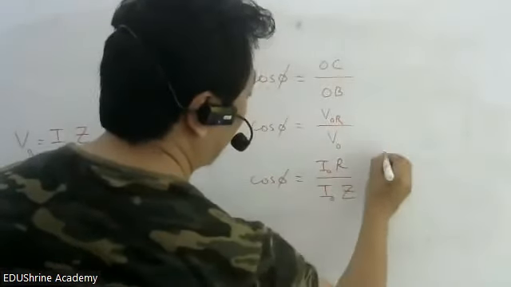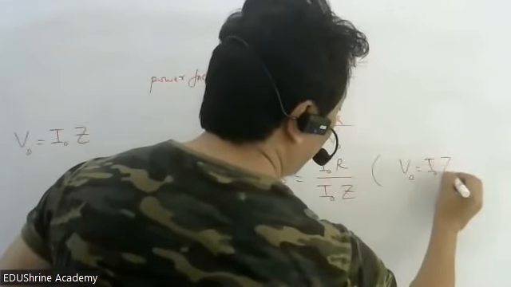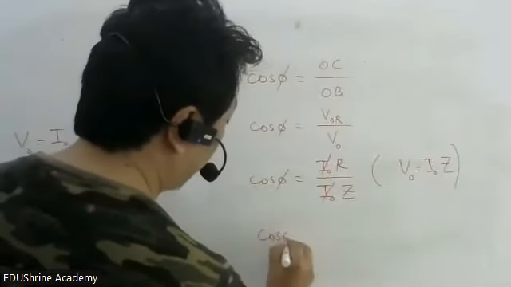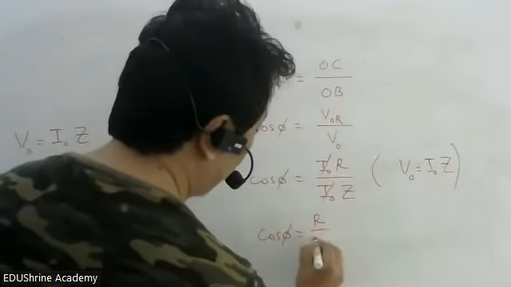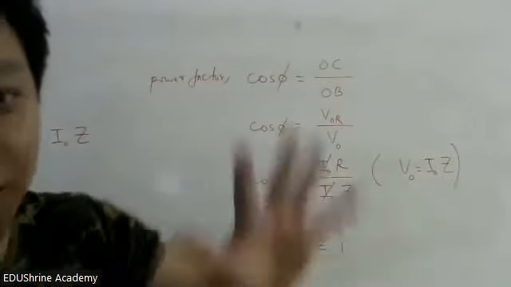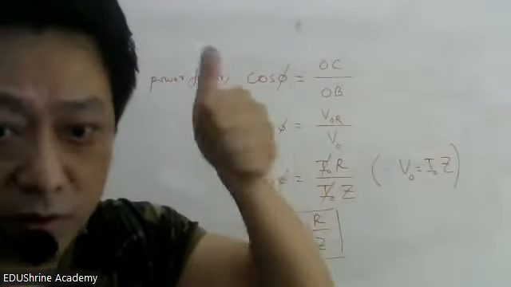I naught into Z. Since V naught is the total voltage, for total voltage you write the total opposition, which is called impedance. So the cos phi formula is R by Z. Say it: cos phi is R by Z.